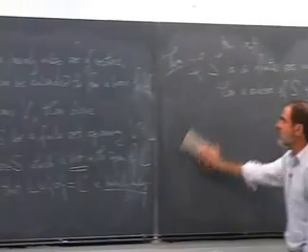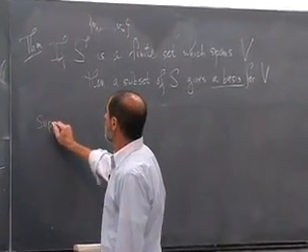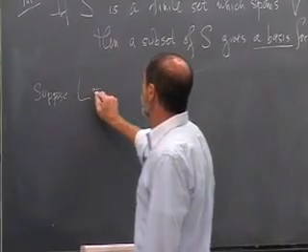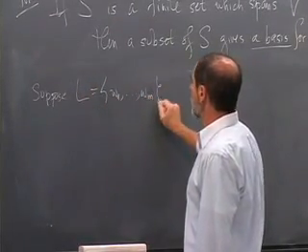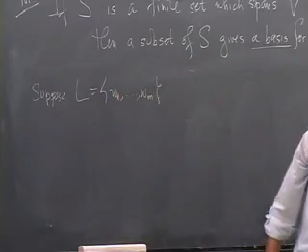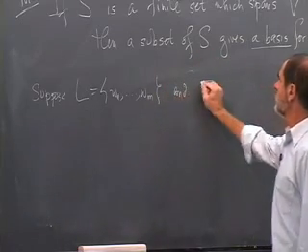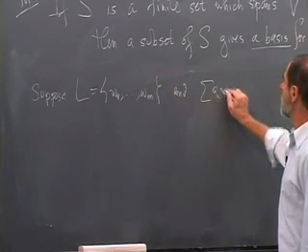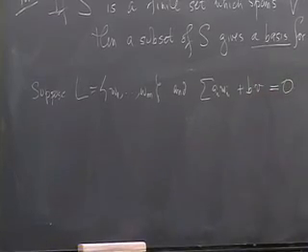So let's see why that's true. Why? Suppose that L were the vectors w1 through wm. And suppose we had a linear relation between the vectors in L and v. And suppose the sum of a_i w_i plus b v is equal to 0. That would be our linear relation.